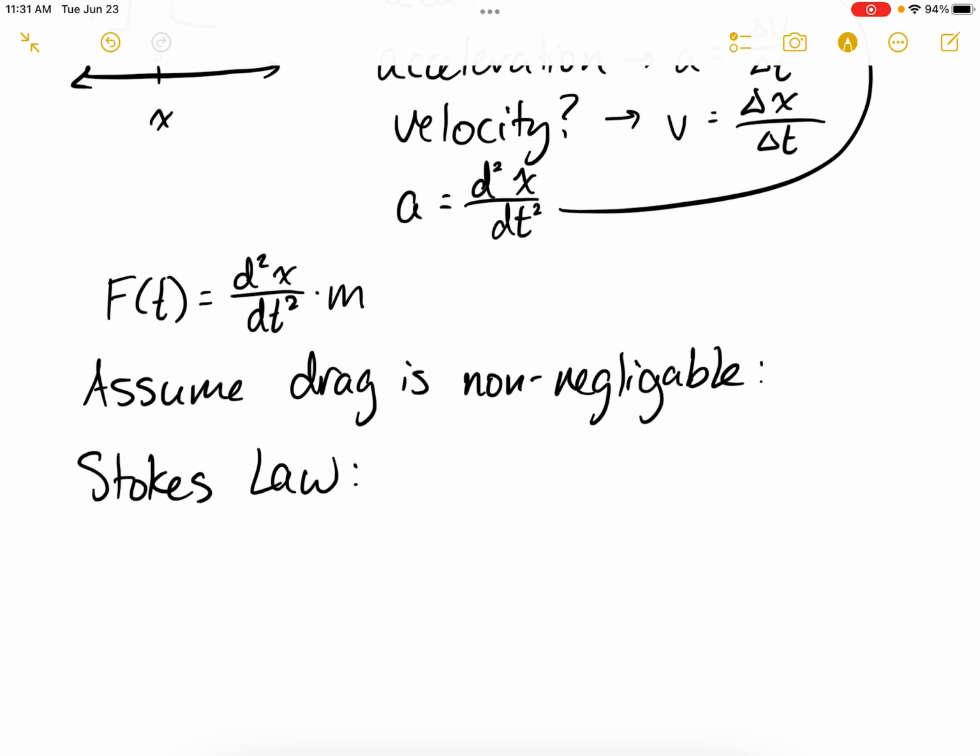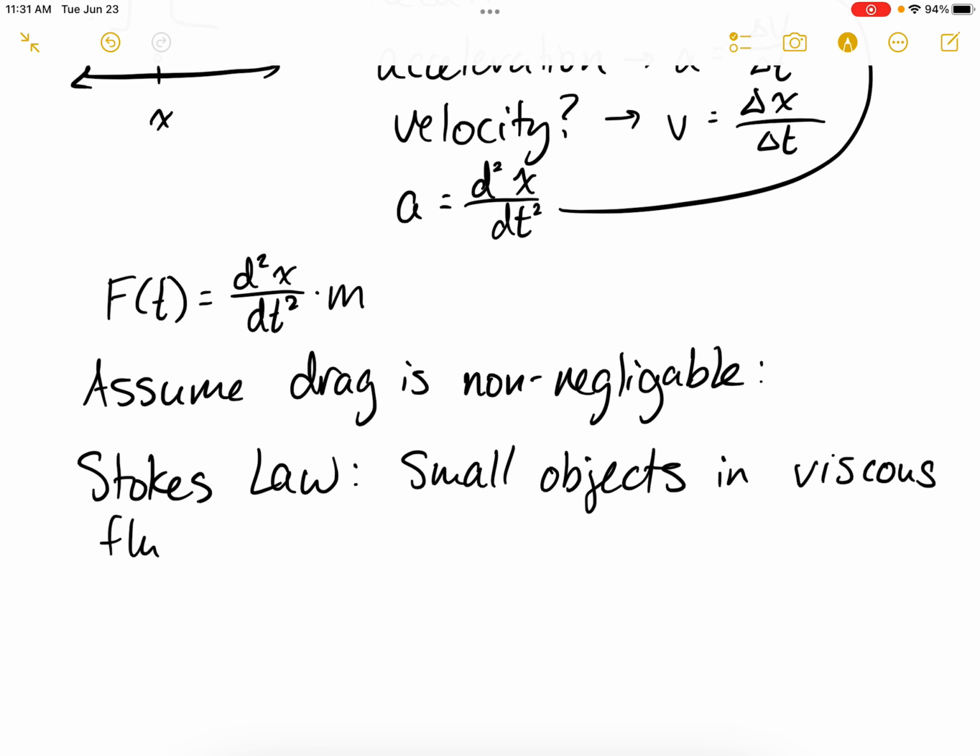This is a law that assumes that small objects in viscous fluid have a drag force proportional to velocity.